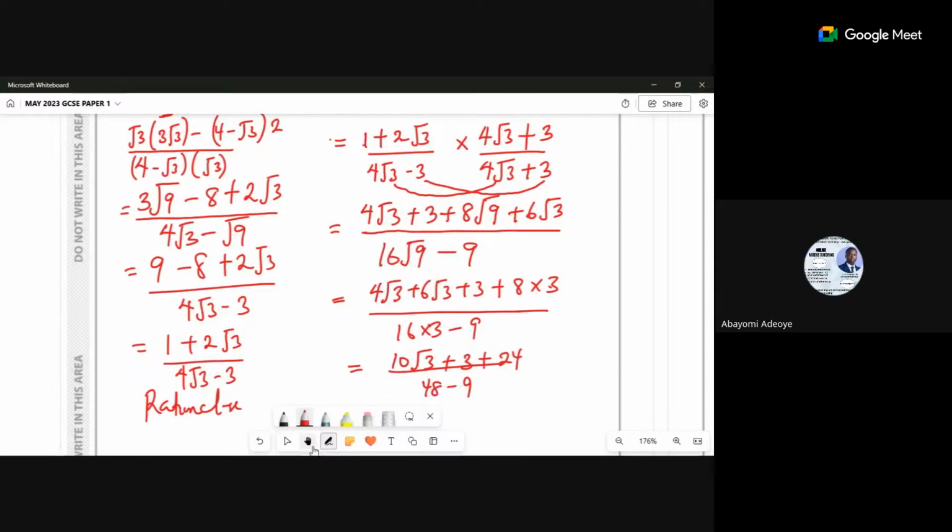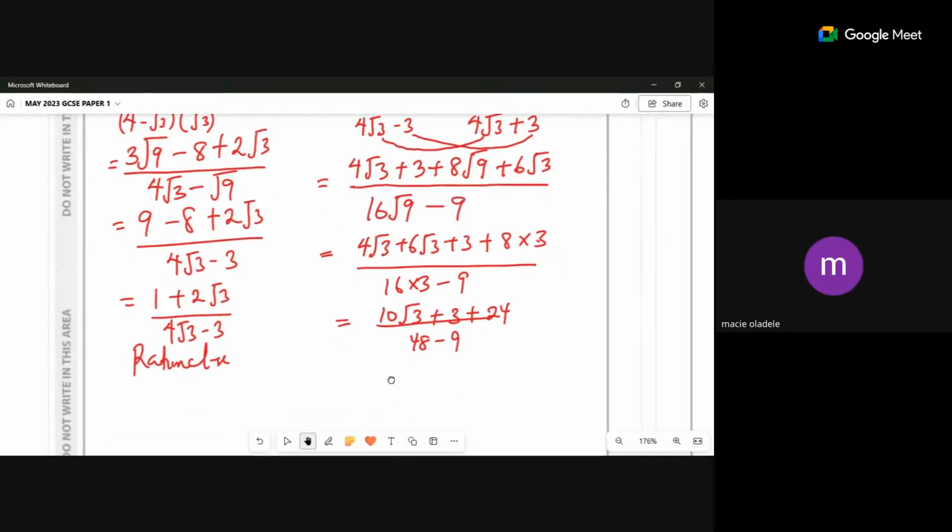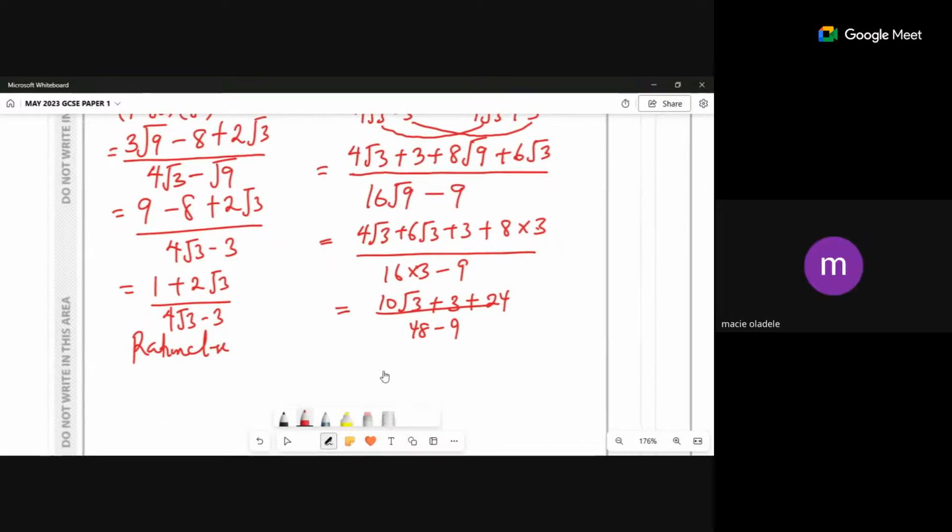So what is it? 10 root 3 plus 27 over 39. All right. So that's the final answer.